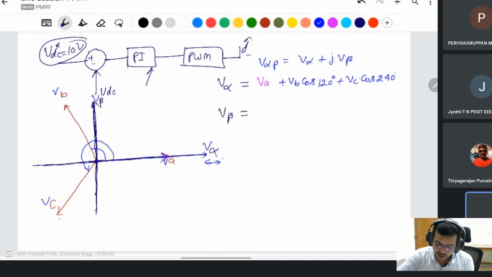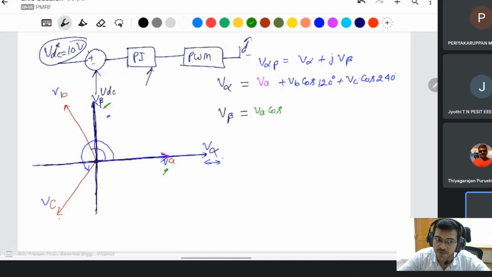Same thing applies to calculate V beta. You can apply it to V beta. What is the effect of VA on V beta? This is the V beta, this is the VA. Same thing, apply VA into cos.